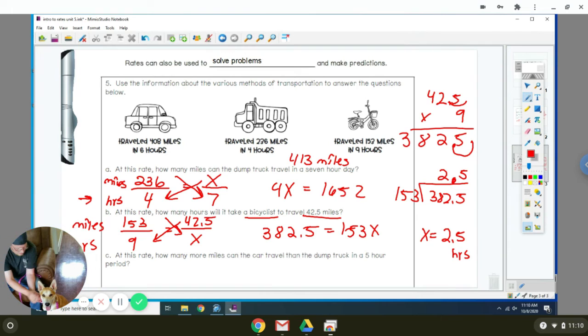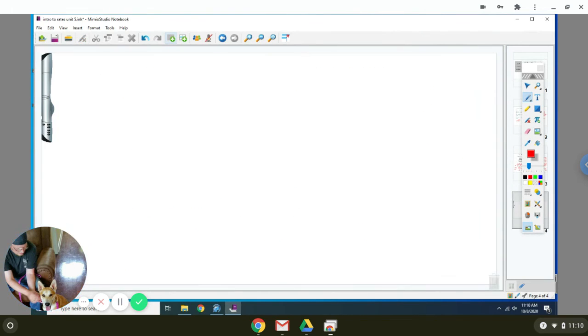So we're going to set up two proportions, and I'm actually going to solve it over here. So the car has a rate of 408 miles for every 6 hours. And so this is miles over hours. And I want to figure out how many miles he'll go in 5 hours.